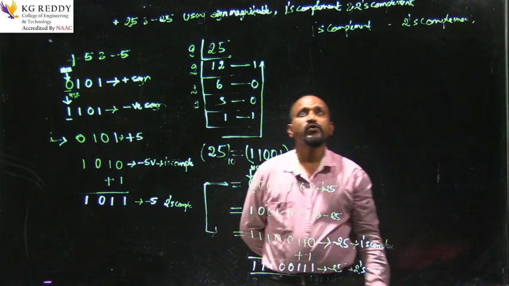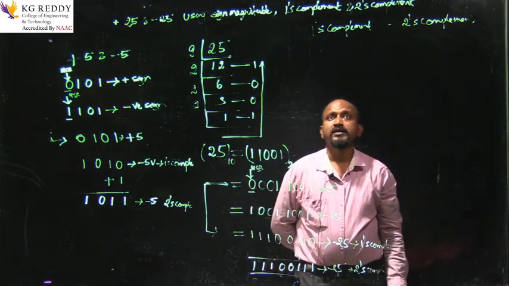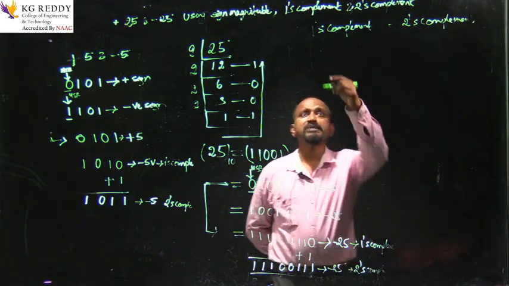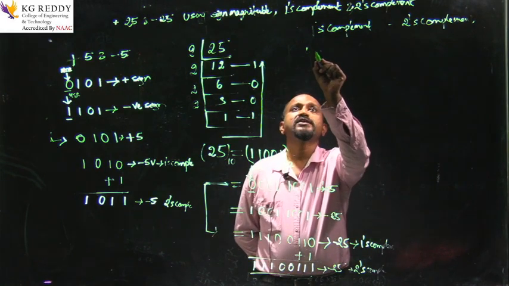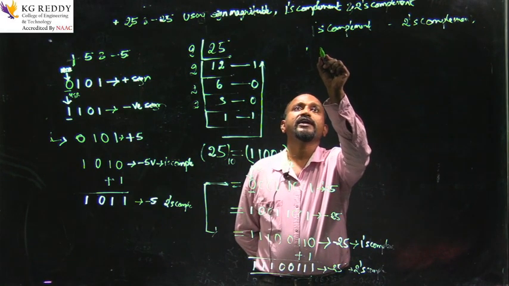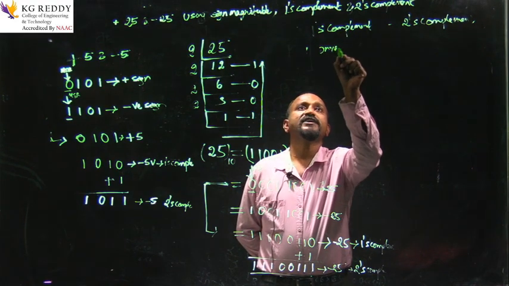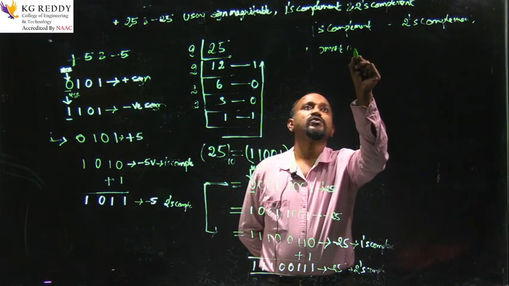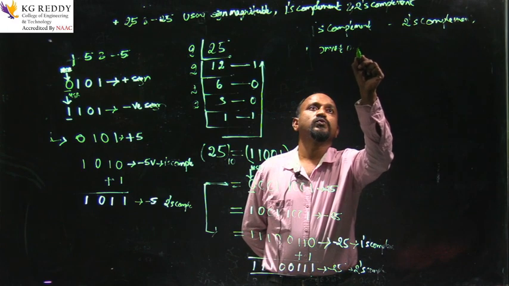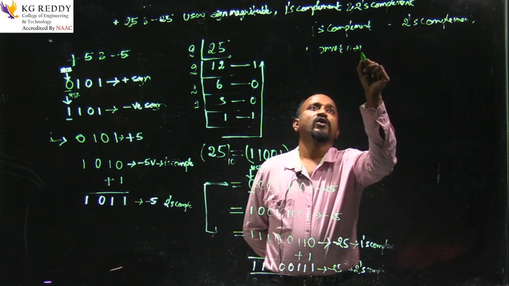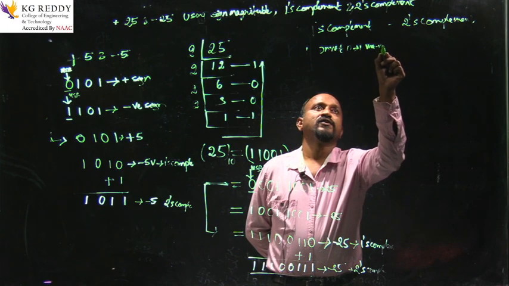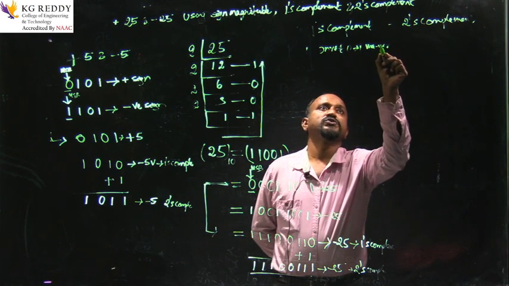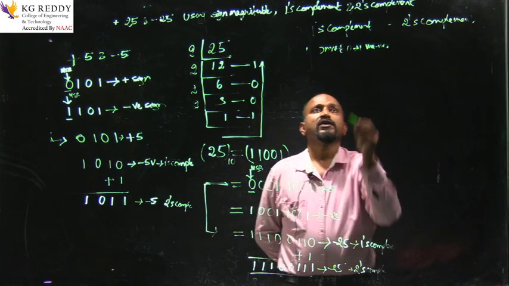In ones complement, what is the drawback? Ones complement is easy. The first step is to invert, 0 to 1 and vice versa, or 1 to 0.